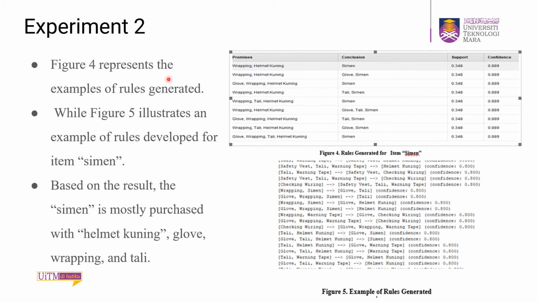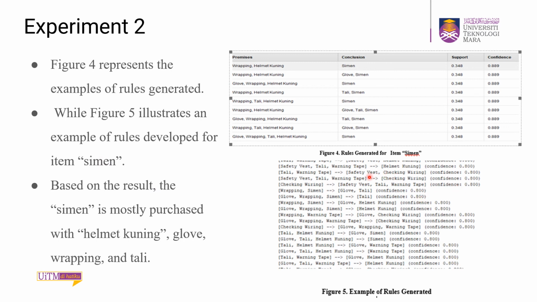Figure 4 represents an example of the rules generated. We can see that wrapping and helmet kuning are usually purchased with cement, with support 0.34 and confidence 0.889 and so on. Figure 5 illustrates an example of rules developed for the item cement.